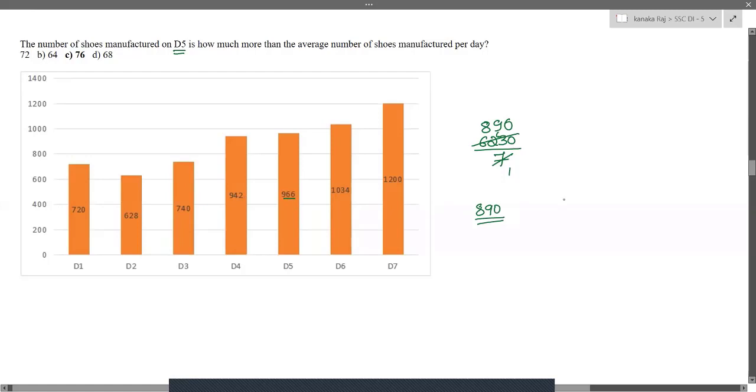They're manufacturing more shoes. That is 966. Now I'll have to take the difference between these two. So what do I get? 966 minus 890 gives me 76. So on the 5th day, they're manufacturing 76 shoes more than the average. So which will be my answer? My answer will be option C.